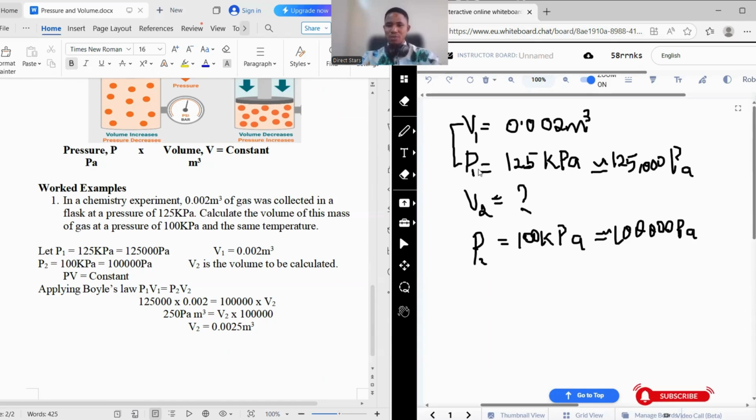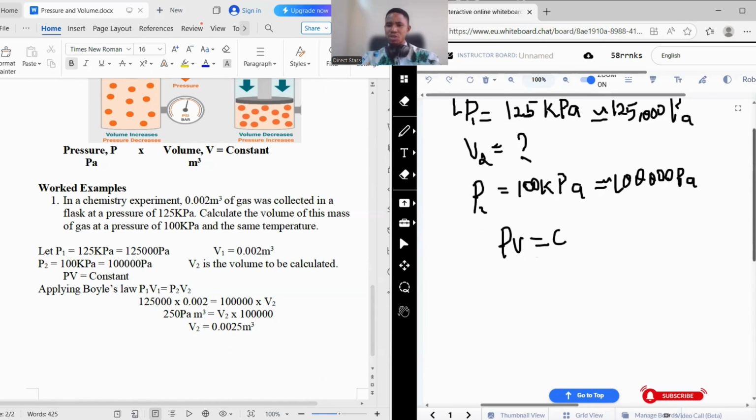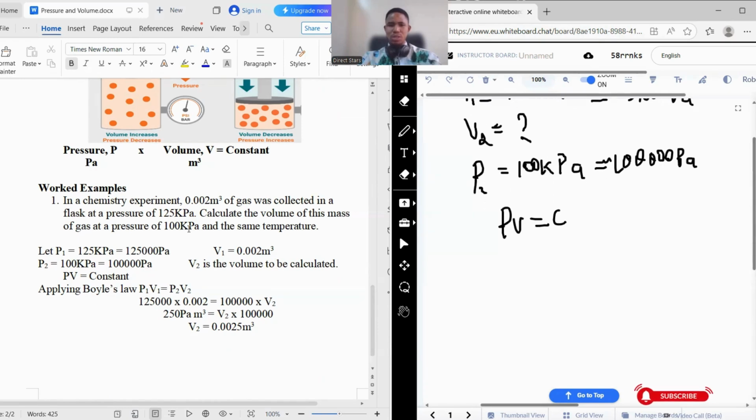Here you can see from P1 to P2 there is a decrease in pressure, so let's see if the volume will increase. We go with the formula PV equals C. Since the temperature remains constant, P1 V1 equals P2 V2.